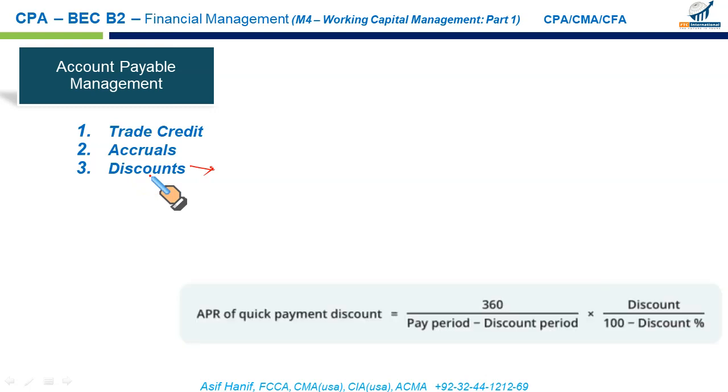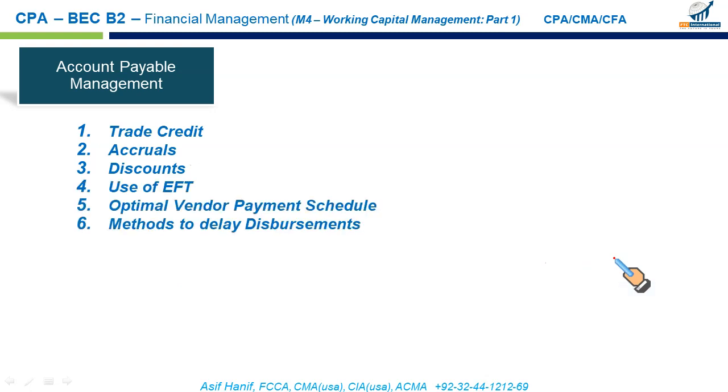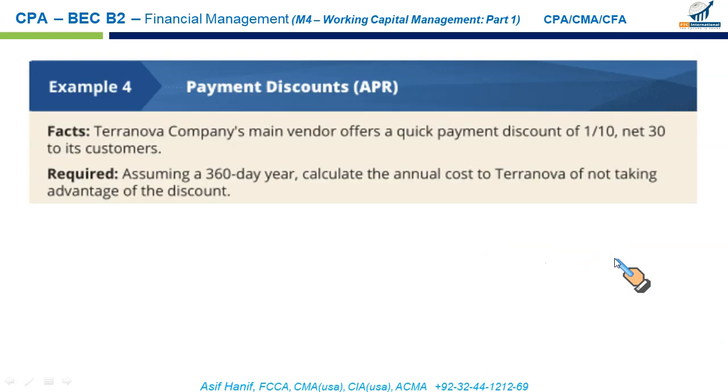And this is the formula we use to calculate the cost of not taking the discount. Sometimes it could be more than 30%. Giving up the discount means you are taking a short-term loan that has an effective cost of 30%, which is too high. Okay, here is an example that will make this point clearer.